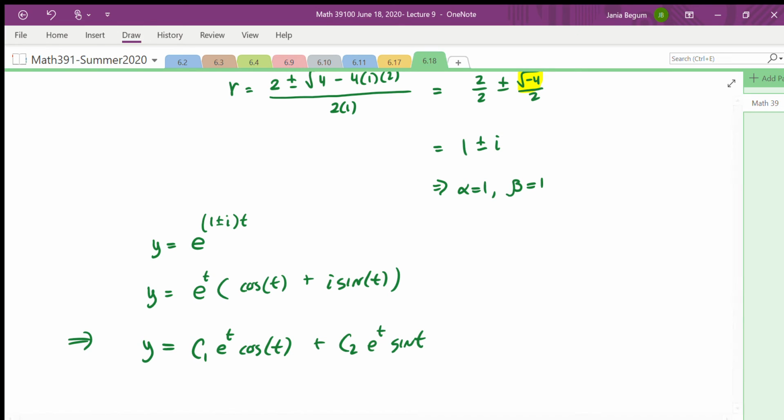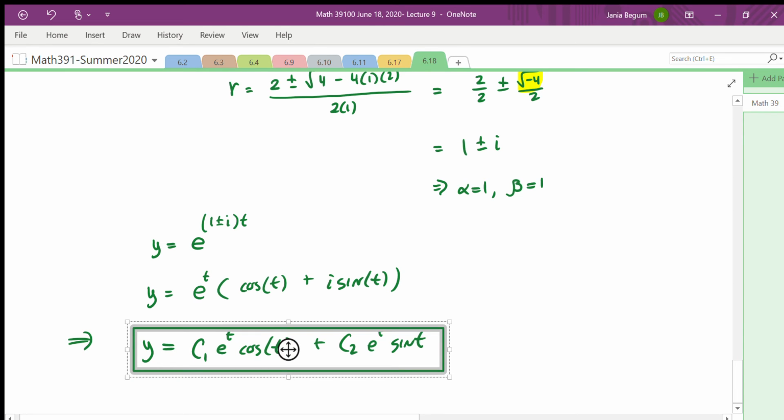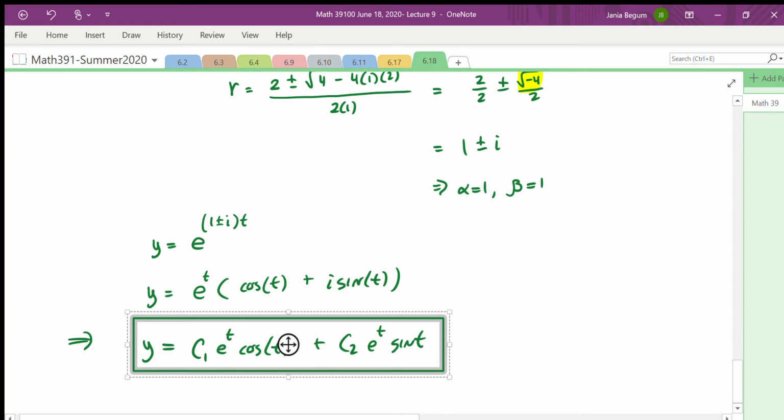So that would be the general solution. Okay, so you can jump right to the general solution. You don't have to show all the steps that I did previously. Those you can ignore. Once you know it's a complex root, well, e to the alpha times cosine beta t plus sine of beta t. So you can always write those out.